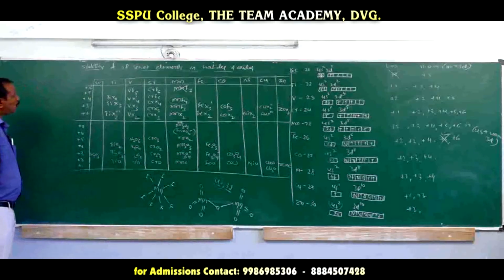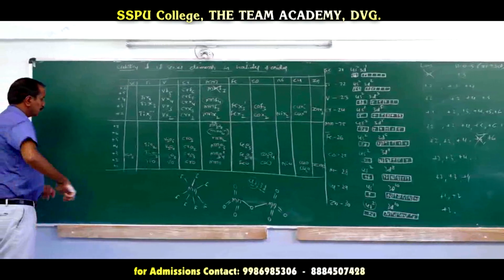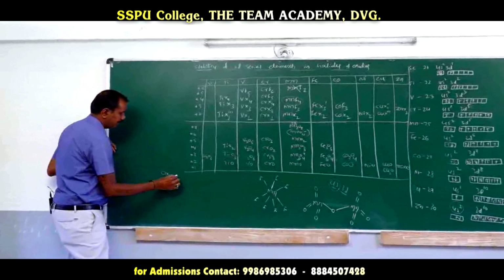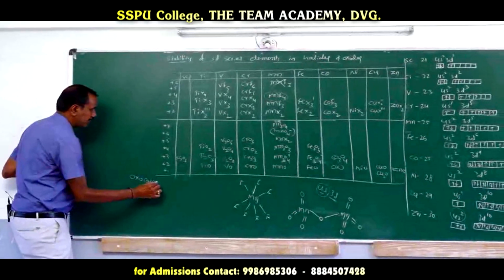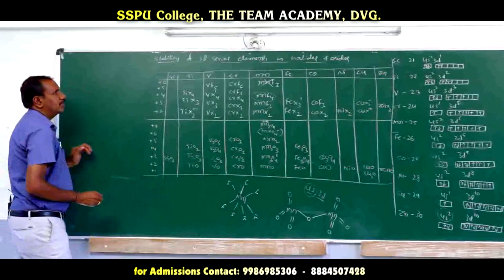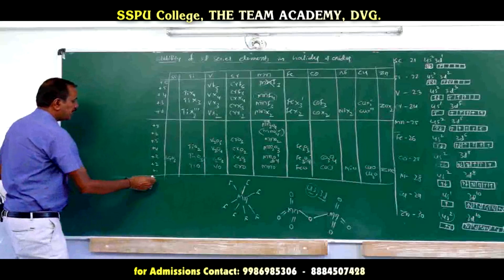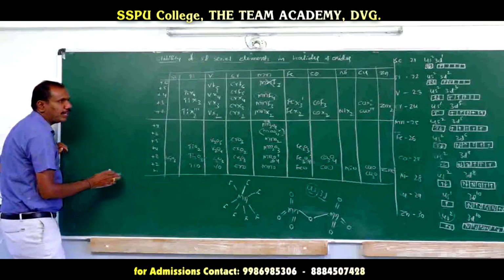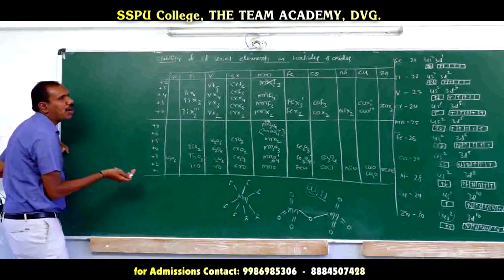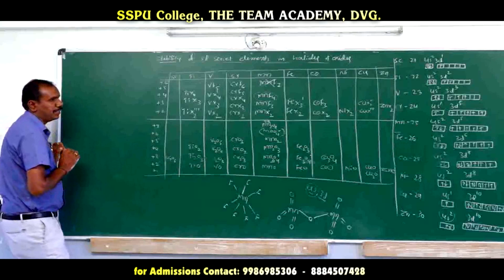Okay. Now we'll go for oxocations and oxoanions. Before that, we'll discuss this: among metal halides, which metal halides are more stable?